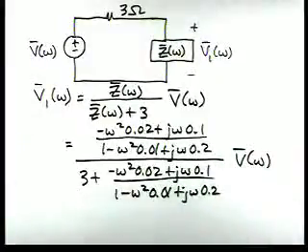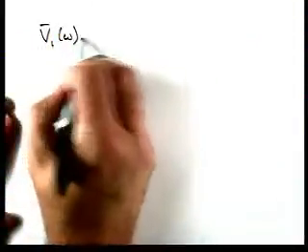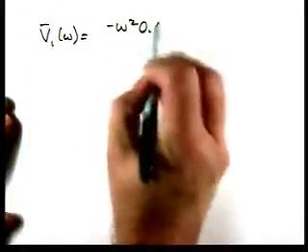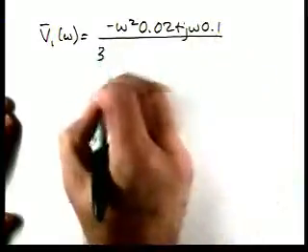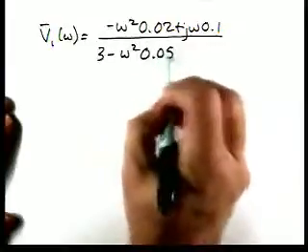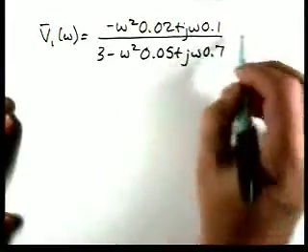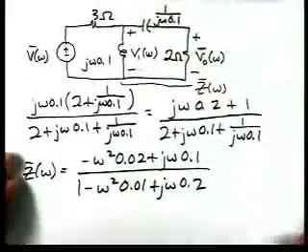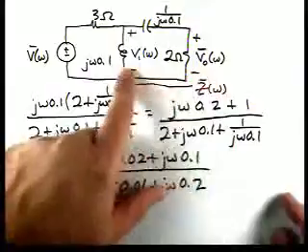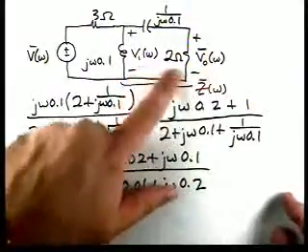Now, if we go in and simplify that, V1 of omega then becomes the following. Now, if we go back to our circuit, we can see that V0 of omega can be determined from V1 of omega by voltage division.